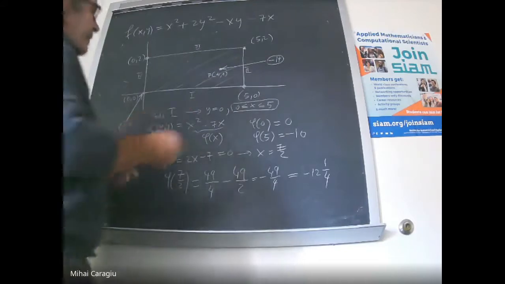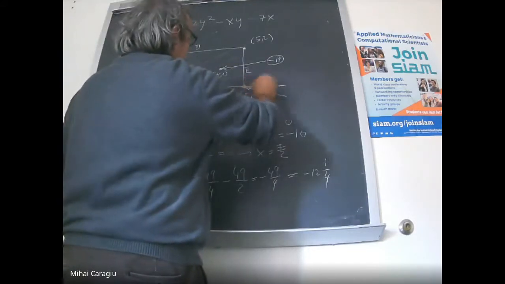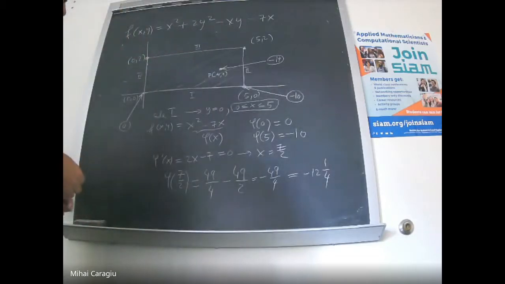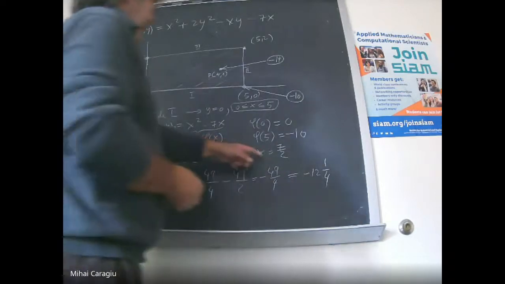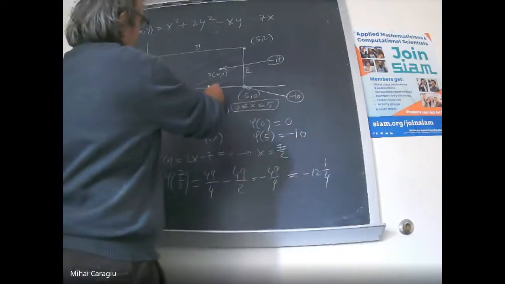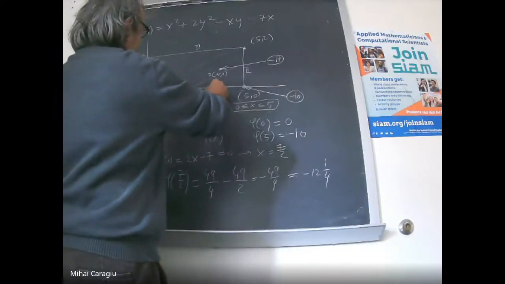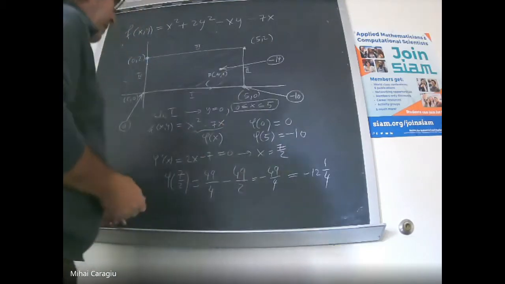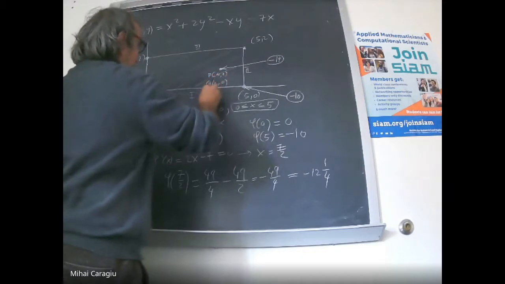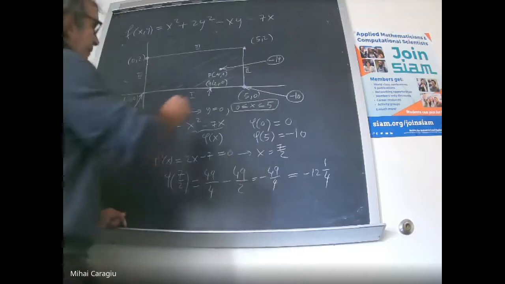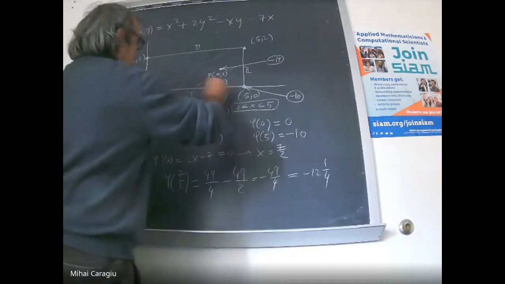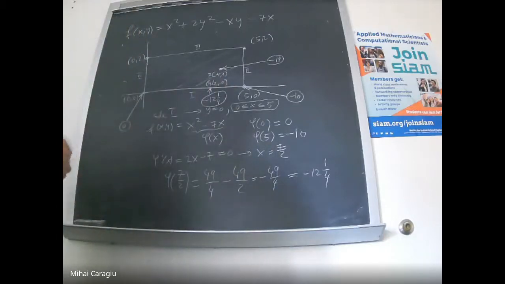The value at 5 is minus 10, so we'll put the value minus 10 here. And the value at the point 7 over 2 and 0. 7 over 2 is 3.5, so this is probably around here. At this point the value is minus 12 and 1 over 4. Mark it. So we got side 1 annotated.